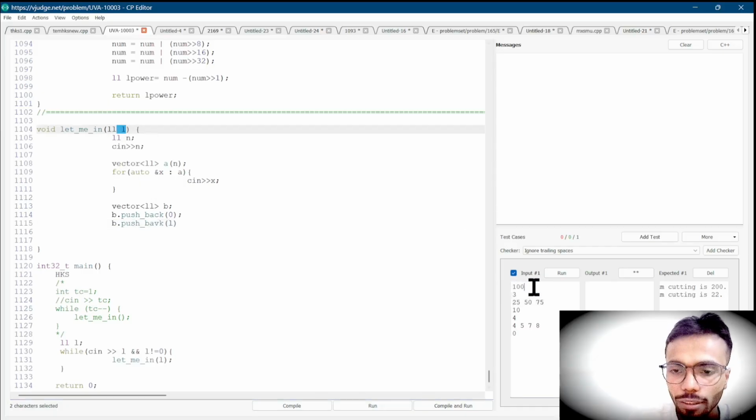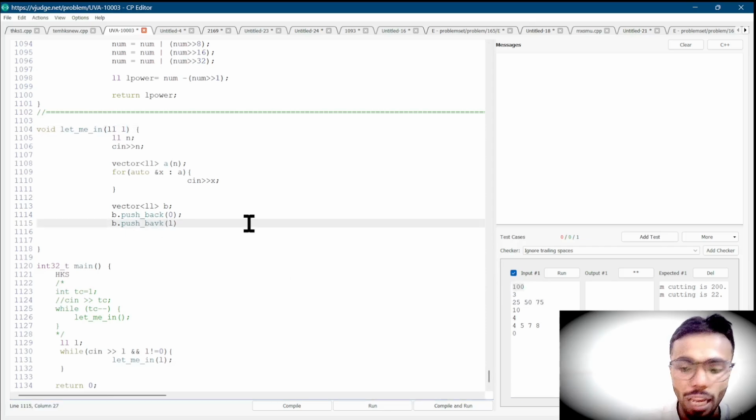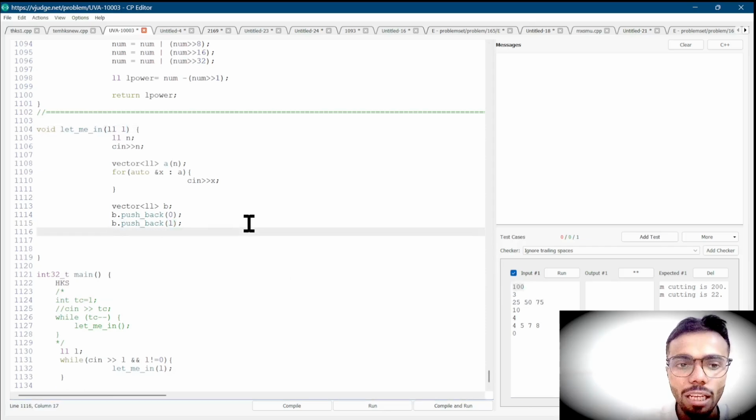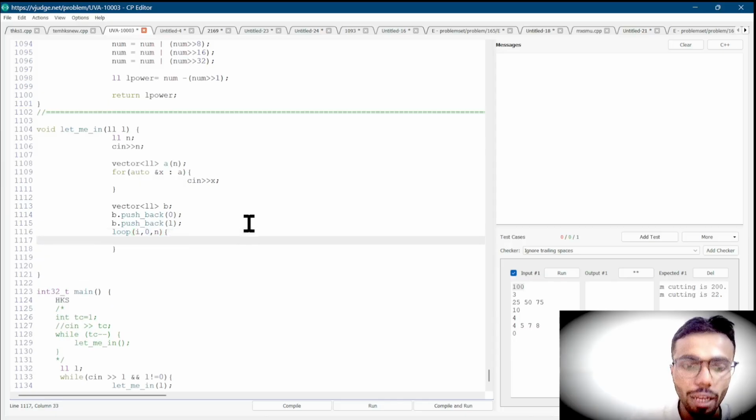Then I'll add all the coordinates at which I need to perform cuts. I cannot perform a cut at the outer ends. I always perform cuts within the stick so that it is cut into two parts, else it will remain one part. So that's why I'm adding the coordinates I need to look for, which are your A[i].